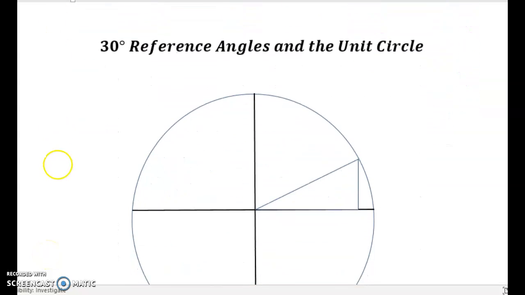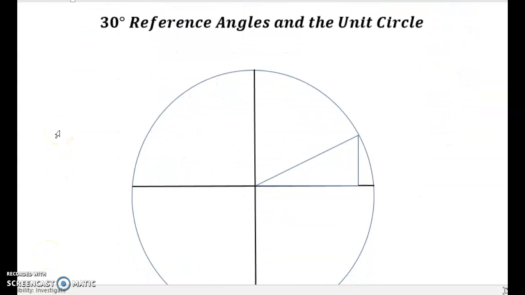We're going to talk about 30-60-90s in the unit circle. Again, the unit circle is where your radius is equal to 1 unit long. And in this circle, I have a 30-60-90 right triangle, and my reference angle is the 30.